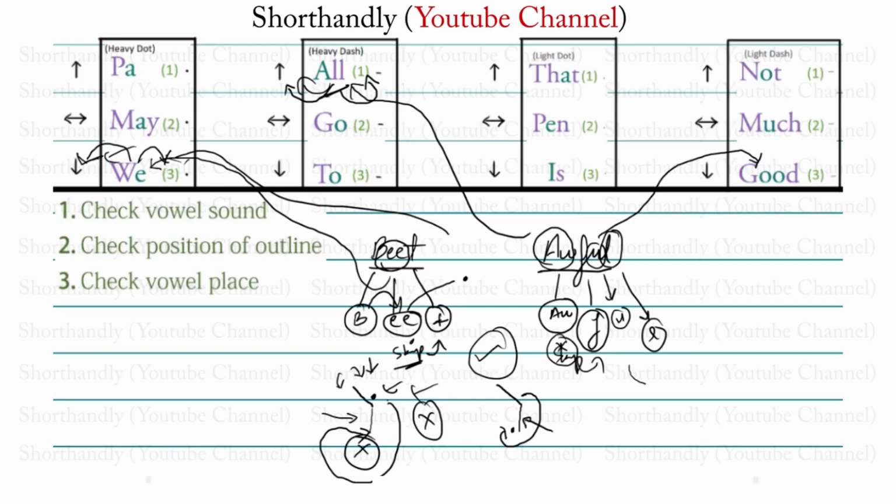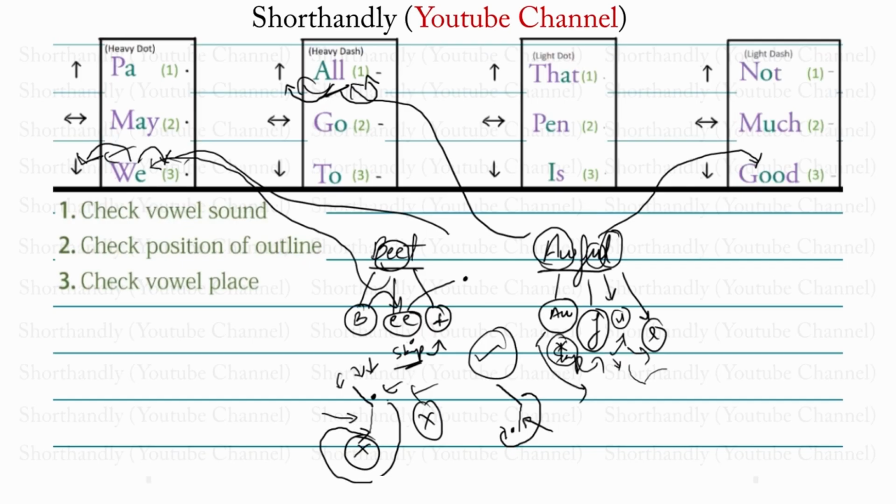Now we have this u vowel, so we'll skip it because we always put the vowel in the end. So let's proceed to this l. So let's attach this l like this. All right, so now we are done with all the strokes and all the curves. Now we are left with just the vowels. So let's first of all put this vowel o, and we will put the o vowel over here.